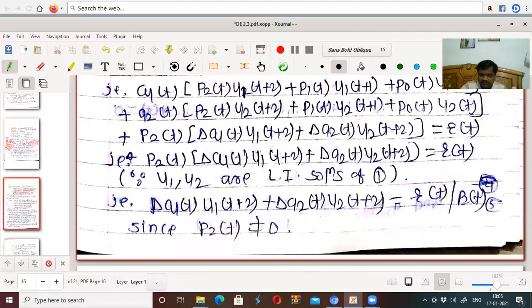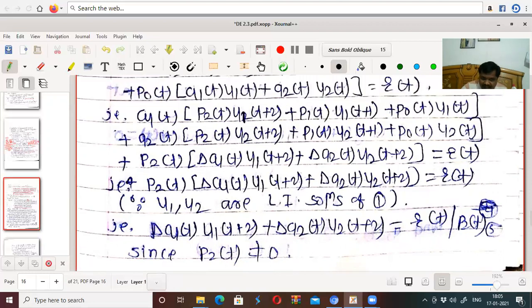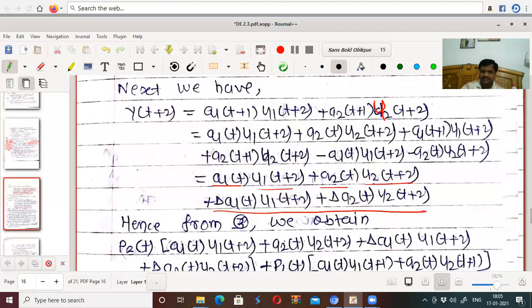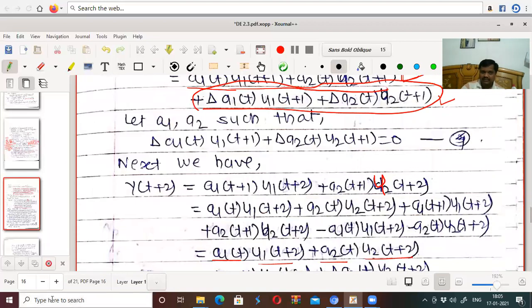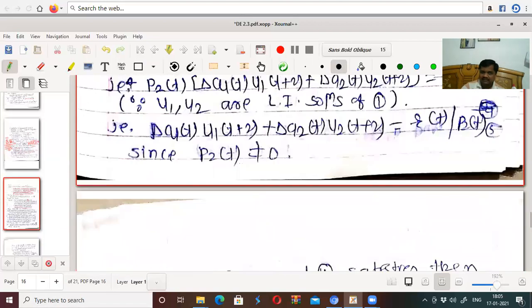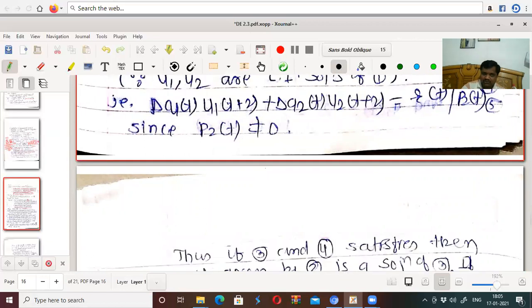So what does this equation imply? This implies that if yt is a solution of the non-homogeneous equation, where a1t and a2t satisfy 4 and 5, and this we have to show.